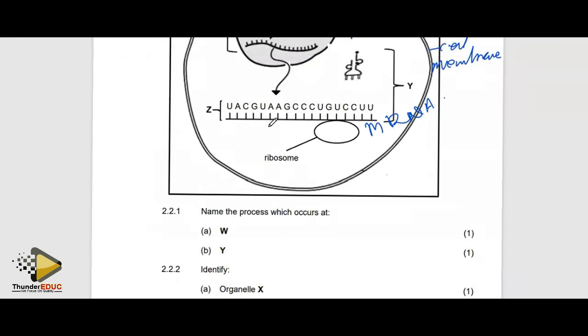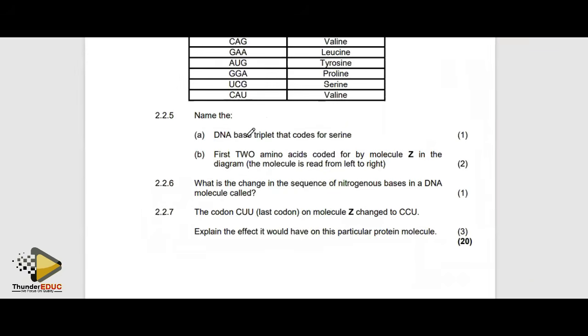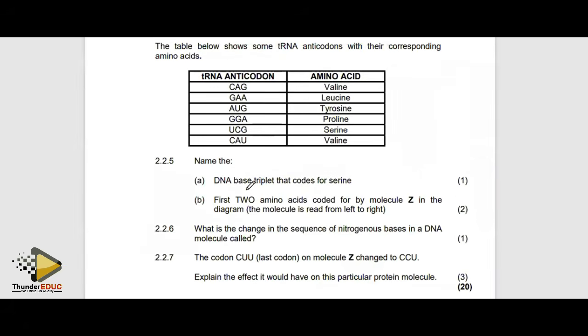Then another question is: DNA base triplet code for serine. Serine is here, but they are looking for DNA. So now we have to convert this two times, because we have tRNA, we have to change it to messenger RNA, and then we go to DNA.